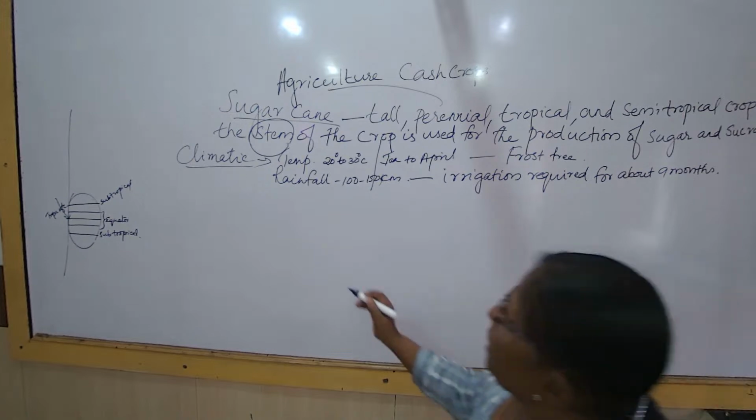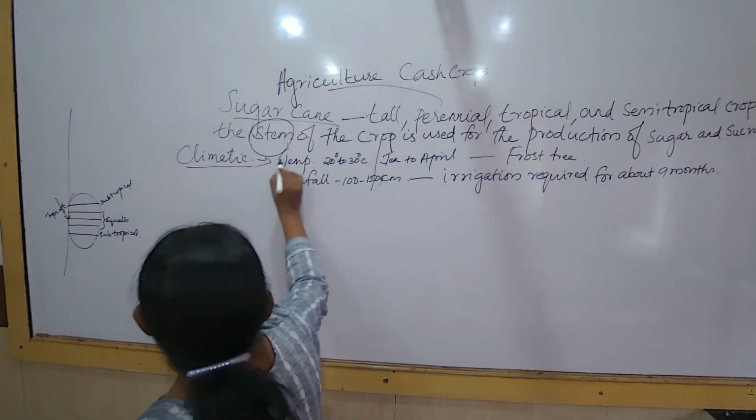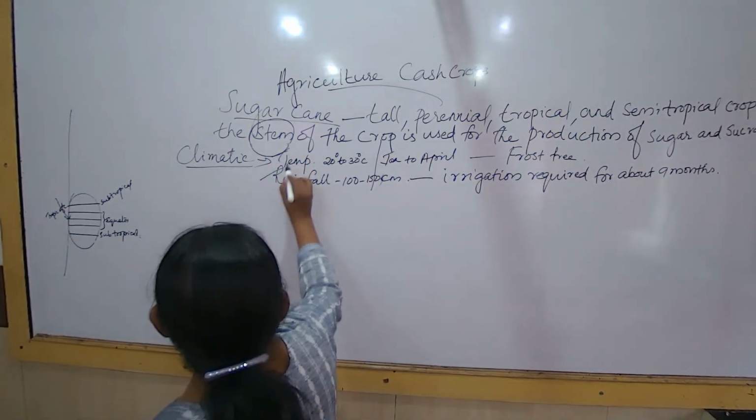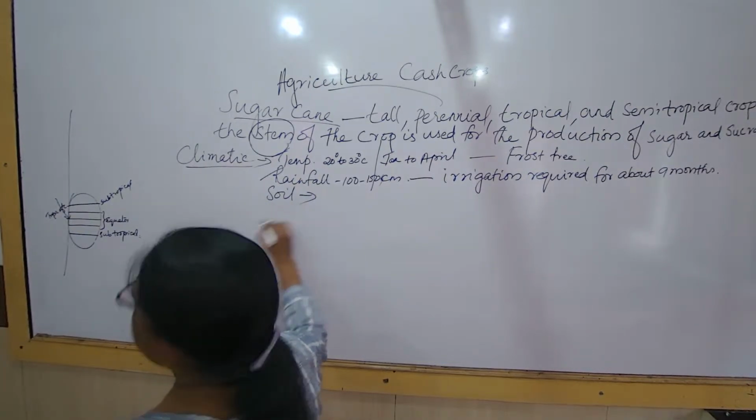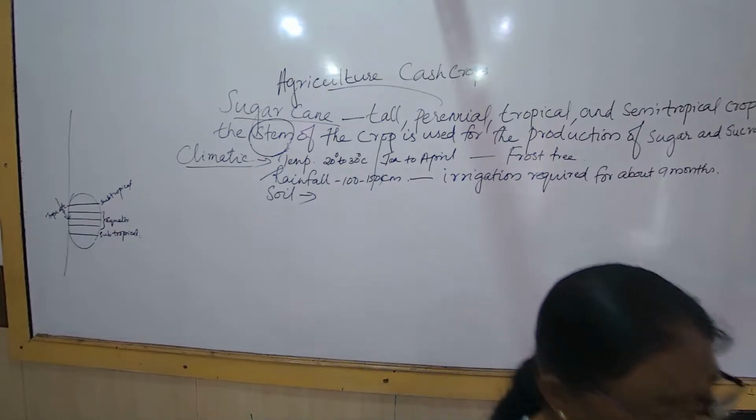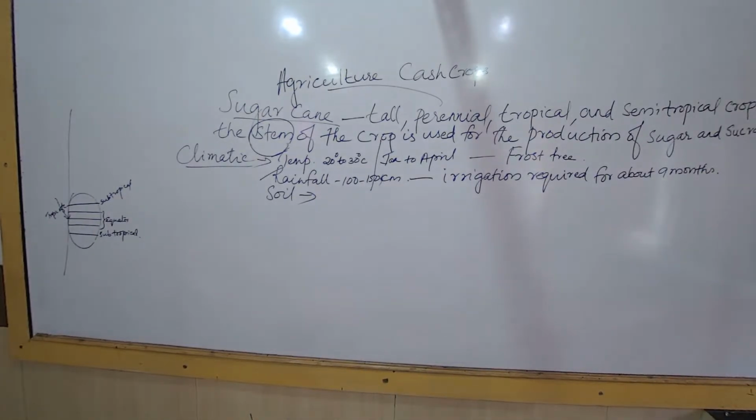What type of soil? So one climate, about the temperature and rainfall, we have seen. The type of soil. Actually, mostly it grows in what you have told, black soil, but it can grow in other types of soil also with the help of irrigation.